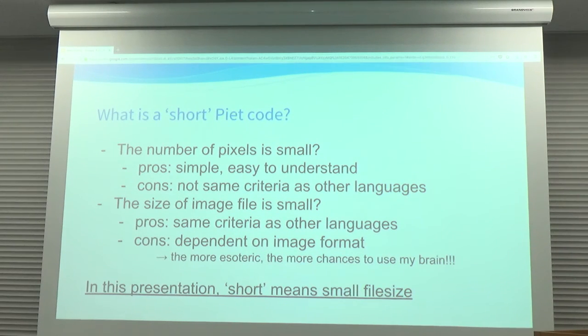And then we have to think about what is a short Piet code. I think there are two opinions. One is that the number of pixels is small.